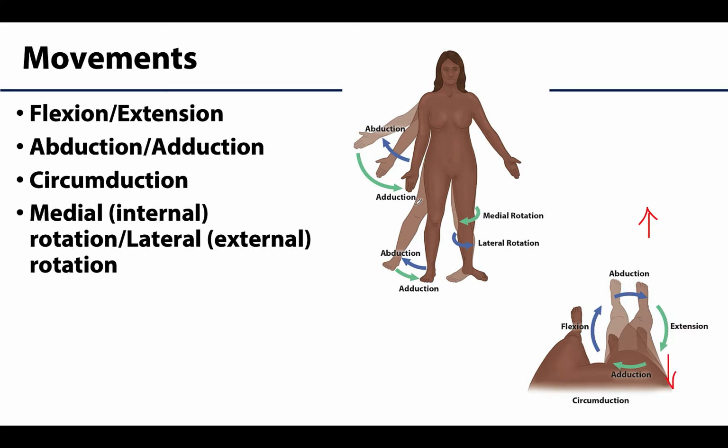Abduction, you're going to have moving away from the body, as you can see here in that coronal plane, and adduction is moving back. And you put those 4 movements together and you can have circumduction of the hip joint. Recall also that ball and socket joints are also capable of rotation with medial or internal rotation and lateral or external rotation.